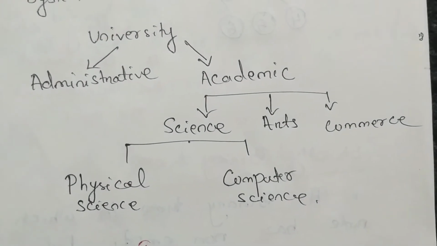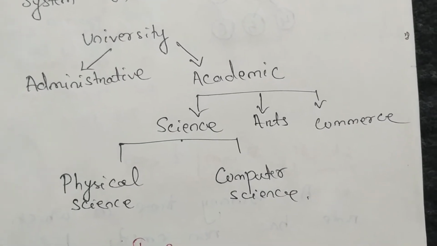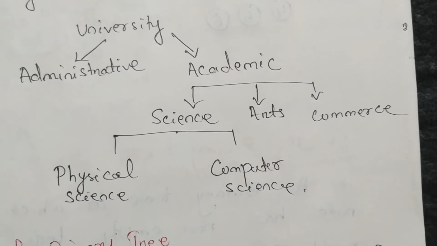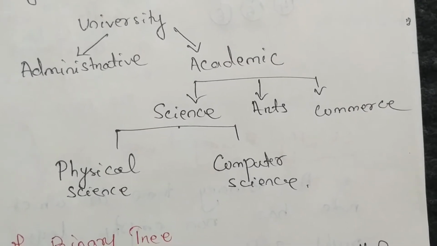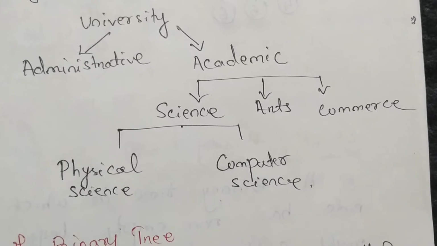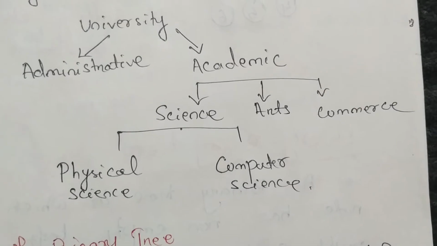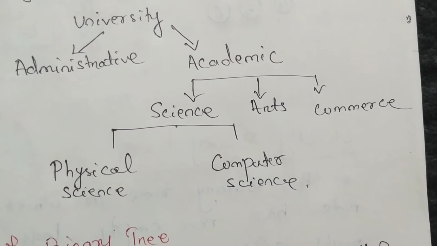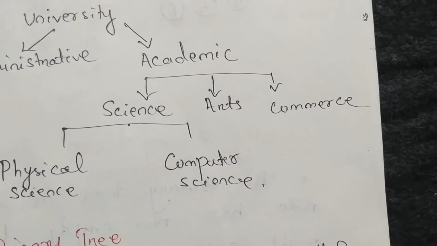As university is the root node, there are two children, administrative and academic, but there is a difference between the two children. In administrative we have not divided the block into anything else, so there are no children of administrative. This type of node is called a terminal node, meaning it is terminated here, we have no child. But academic has 3 children, so it is a non-terminal node.